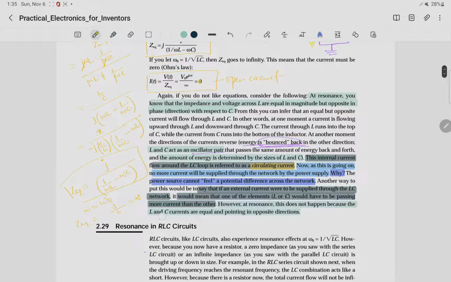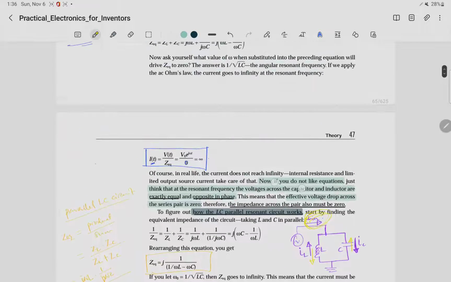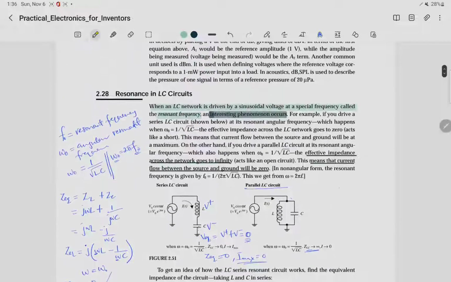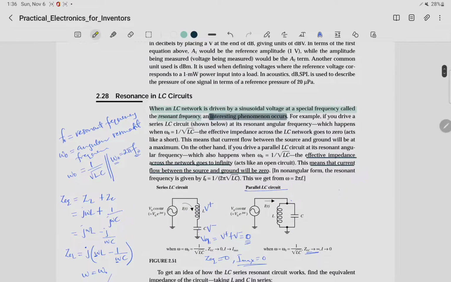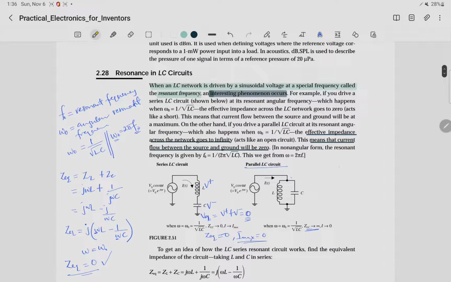This validates the statement that at resonance, the impedance and voltage across L are equal in magnitude but opposite in phase to C, which is also the same as what was mentioned up here. So that is the basic operation of resonance in LC circuits.